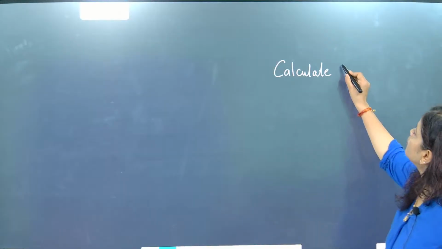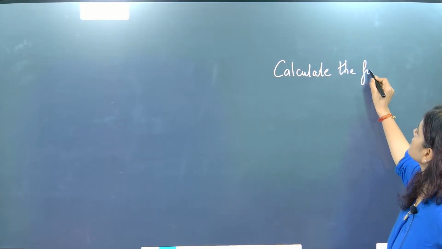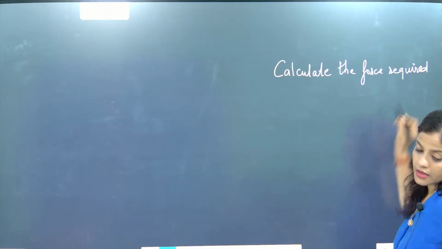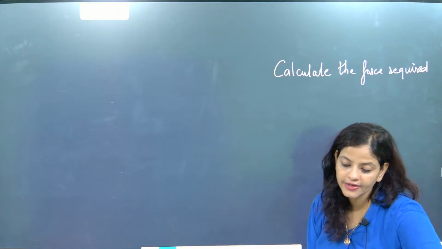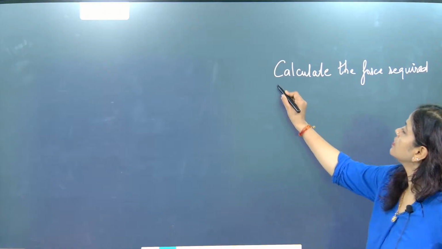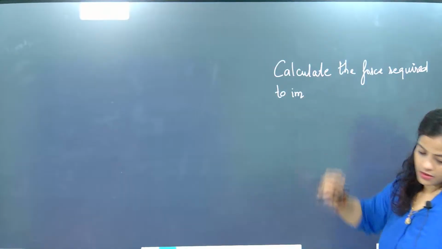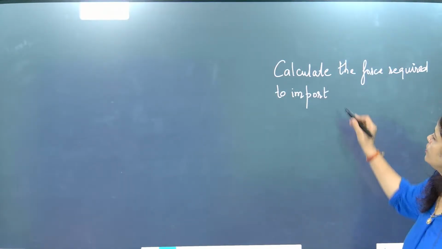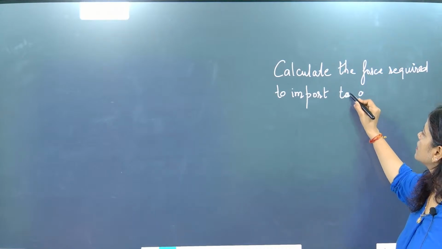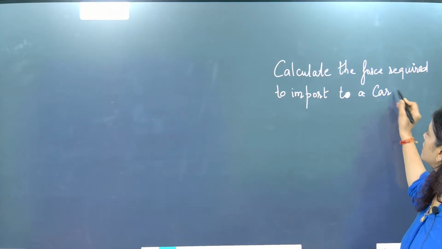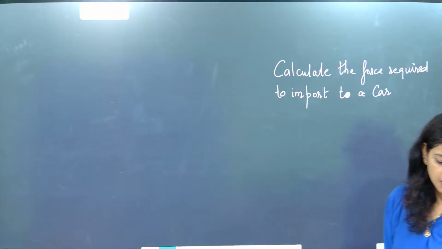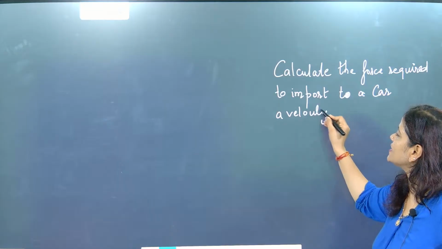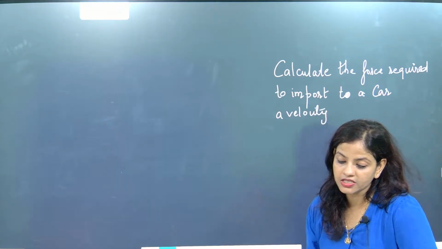Calculate the force required to impart a velocity to a car. Are you getting the point? It means how much force should go into the car to maintain a velocity.